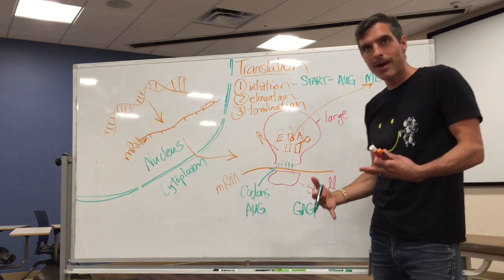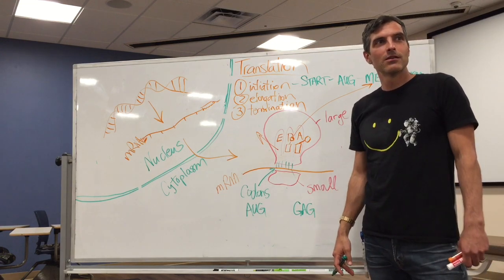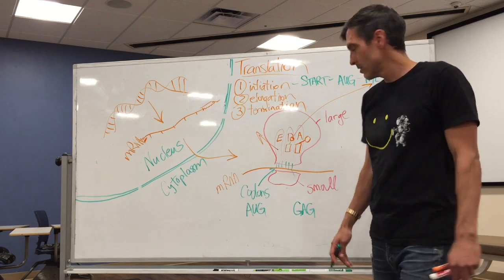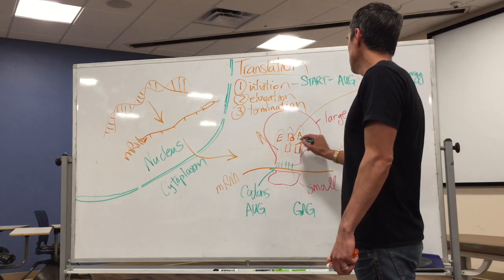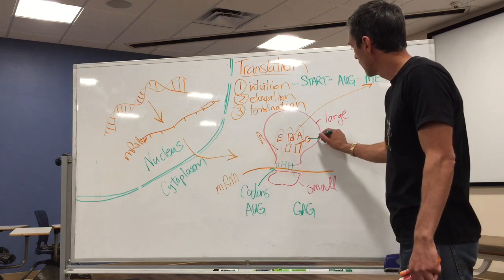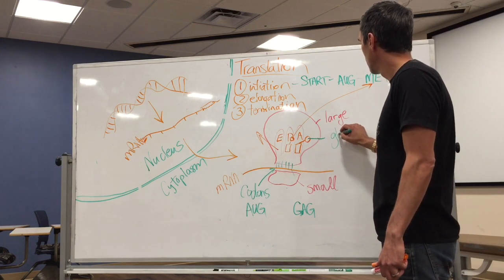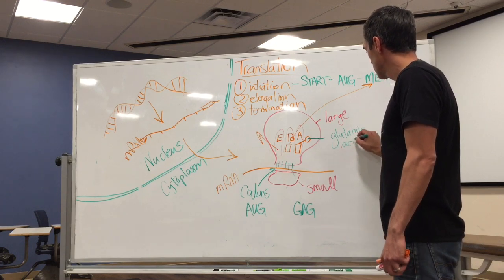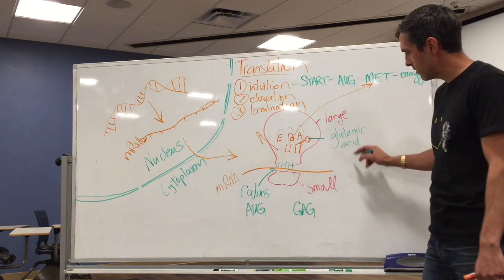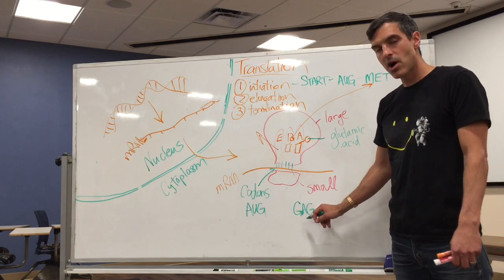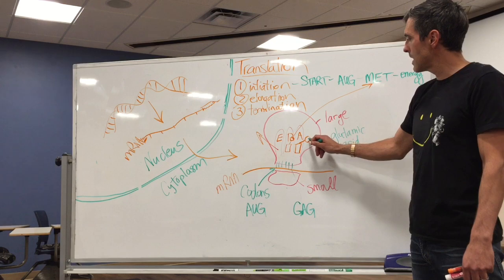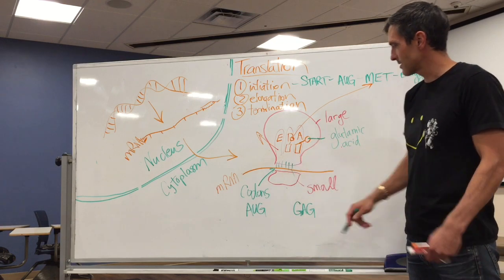Unfortunately, I don't have them all memorized. There's 61. Glutamic acid. So the way that you can figure that out is you just look up, use your mRNA codon chart, and that's going to tell you which amino acid is being pulled down next.